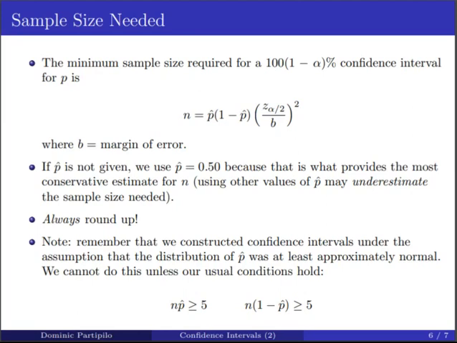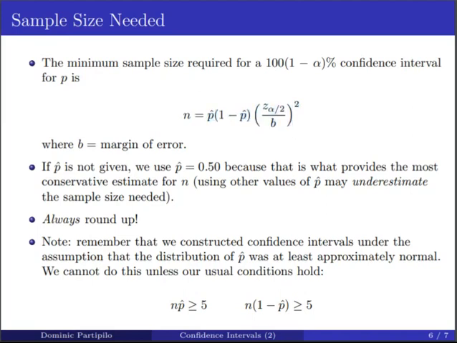And why do we know this? Well, it all comes down to this part of the formula right here. We actually want to maximize this whole formula as much as possible because the last thing we want to do is make this quantity too small and then tell ourselves that we have a sufficient sample size when we really don't. So we want the value of p hat that maximizes this whole thing.